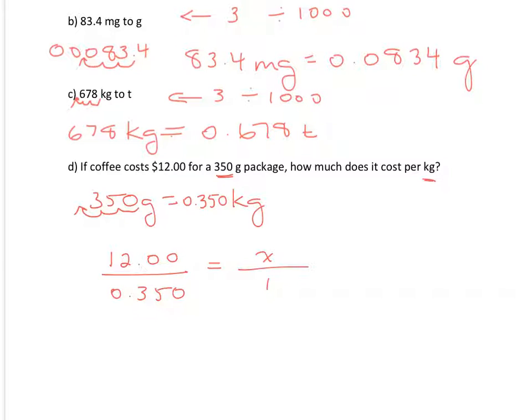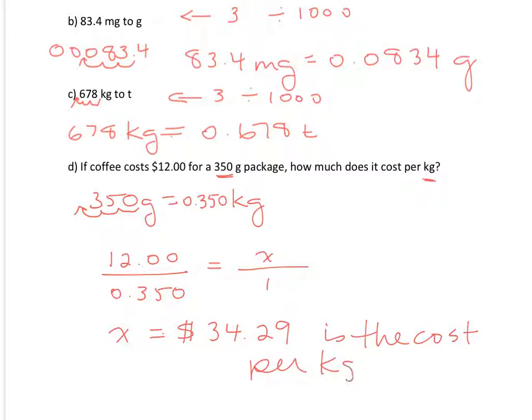So now we can do our cross products, and X over 1 is actually equal to X. So we can just divide 12 by 0.35, and we'll get X equals, and we'll put our units in right away, $34.29 is the cost per kilogram. And that's the end of this lesson.